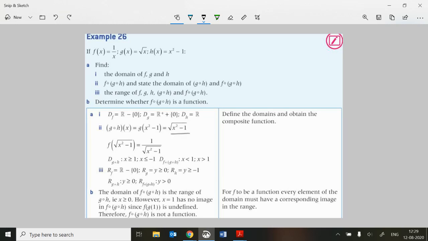Now, we obviously need to restrict the domain in that case in order for that to be allowed, because here we could get some negative numbers. We need to restrict the domain of this to this in order to get out this. We can only put numbers in here which are greater than or equal to 1 or less than or equal to -1 in order to get out numbers which are non-negative to put into the square root, and out of the square root come out positive numbers.